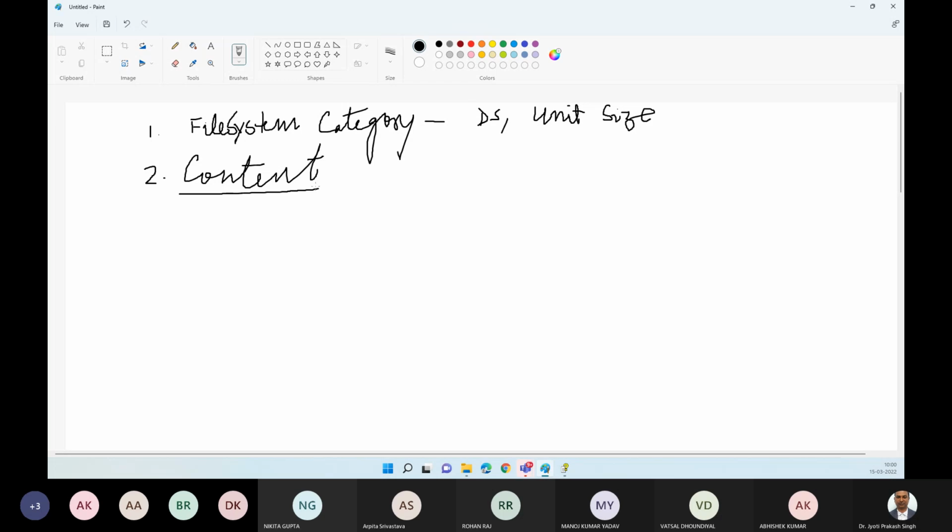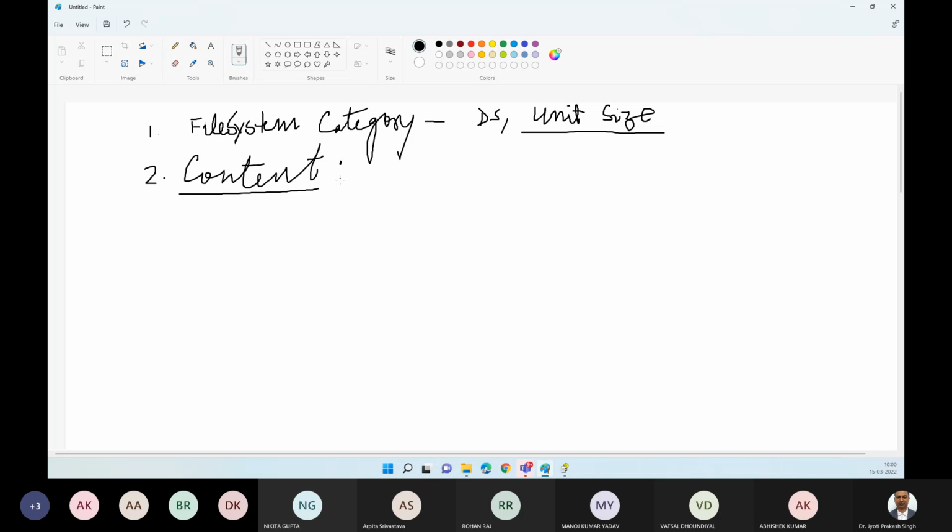Now, content is, as you can understand, what most of you were telling, that we want to store our data. So content comprises the actual data which is to be stored in a file. And that's why the file system has been developed. Again here we have the unit size.